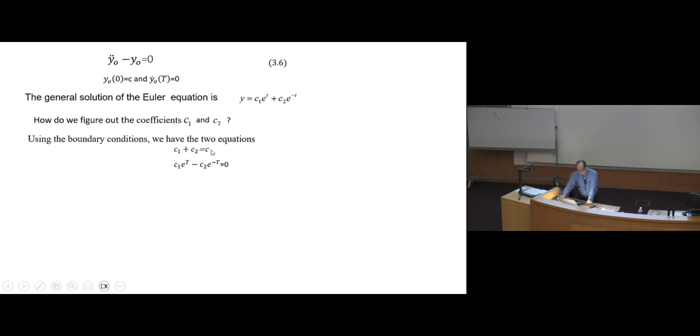C1 plus C2 equals c. The second one, we take the derivative of this one, we get C1 e^t minus C2 e^(-t), right? The derivative. And then we put t equals T, so we get C1 e^T minus C2 e^(-T). This corresponds to this second condition.